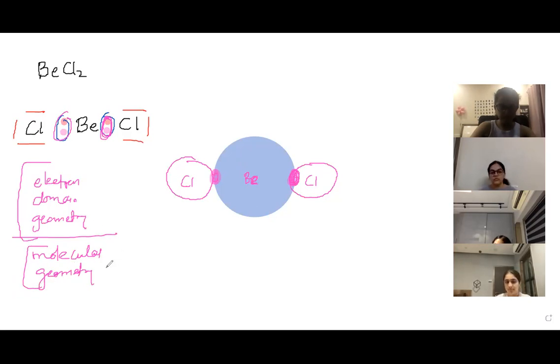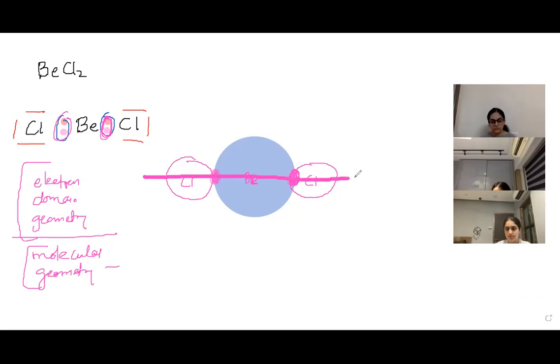So the molecular geometry here is again linear, because all the 3 atoms are in the same line. So if the electron domain geometry is linear, the molecular geometry here is also linear.